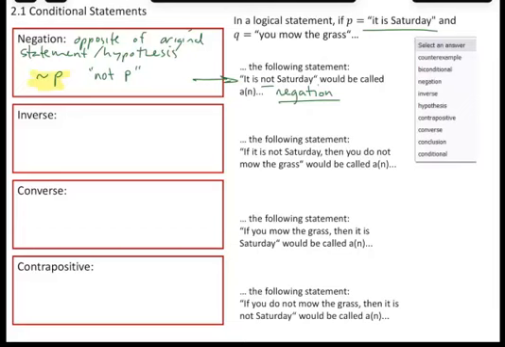The majority of what you're going to look at are these last three new statements that can be formed by making some adjustments. The first is an inverse. In an inverse, you negate both the hypothesis and conclusion.